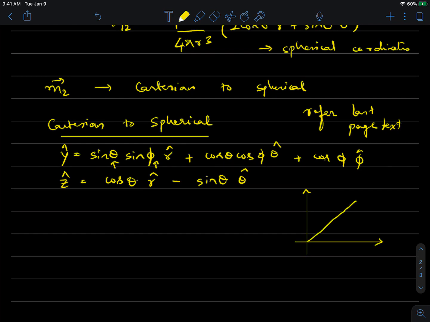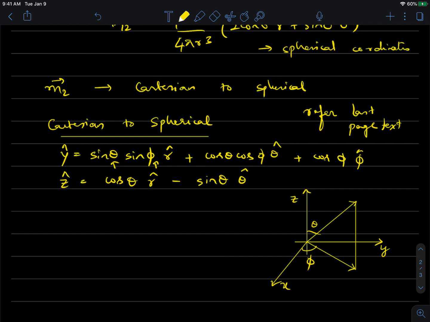You would have already found out what theta is, because theta is this angle. Now, if this vector is projected onto the xy plane, then the angle it makes with the x-axis is phi.